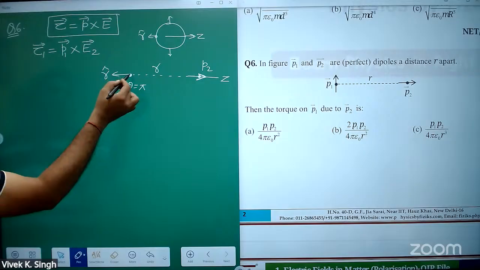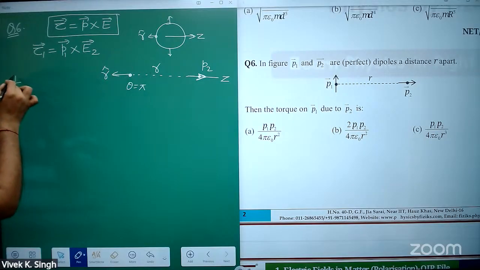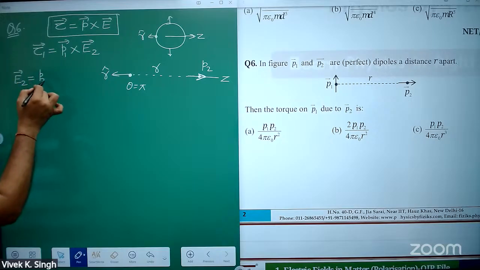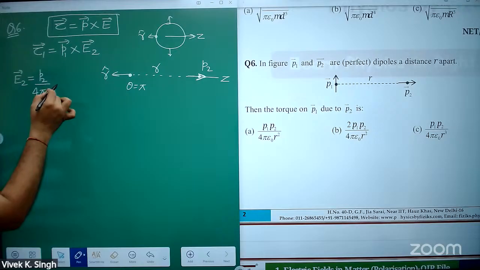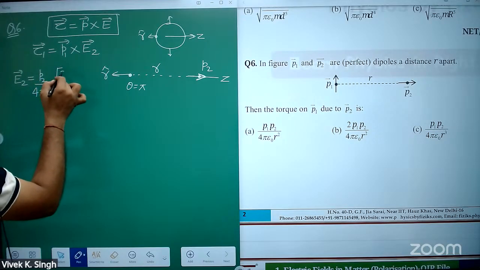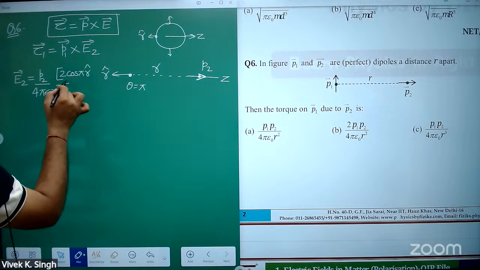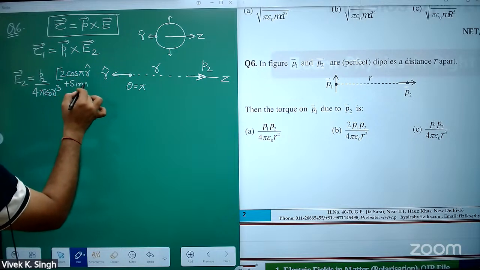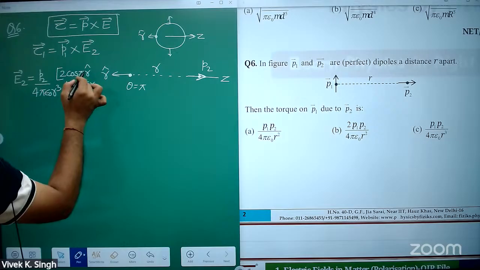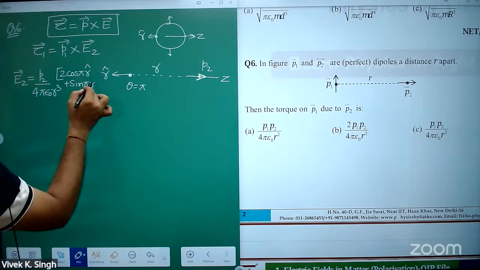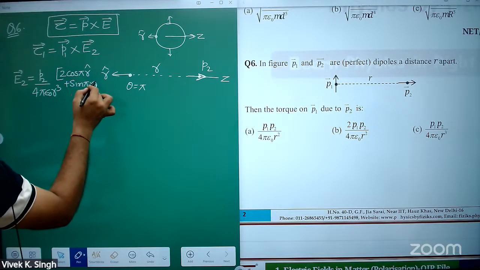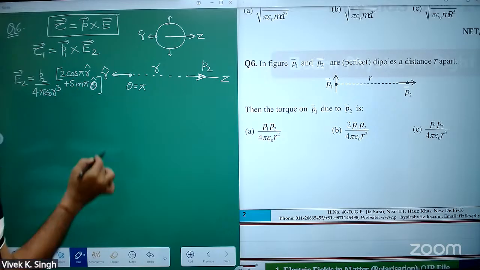Now what will be E2? E2 is given by P2 by 4 pi epsilon naught r cube, twice cos theta r cap plus sin theta theta cap.